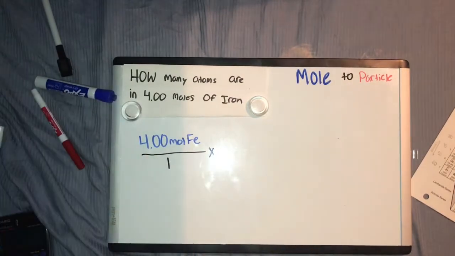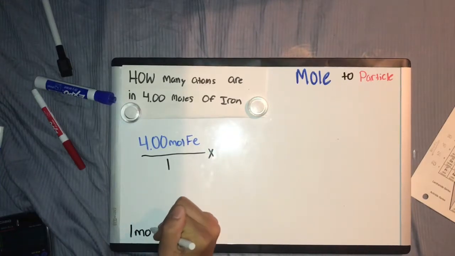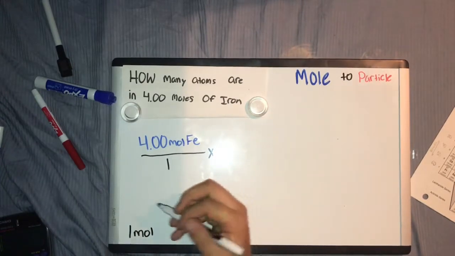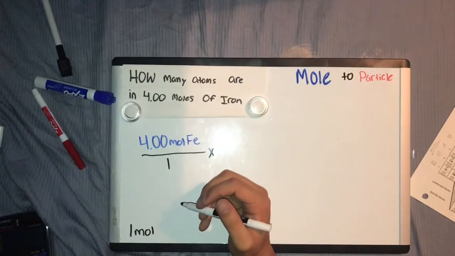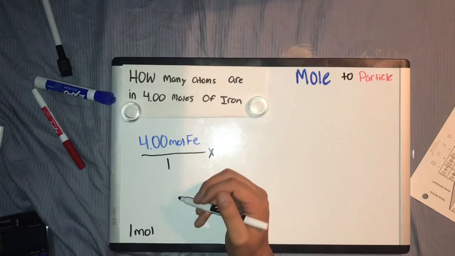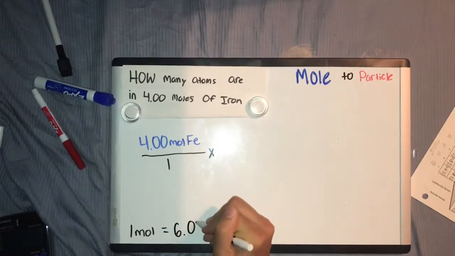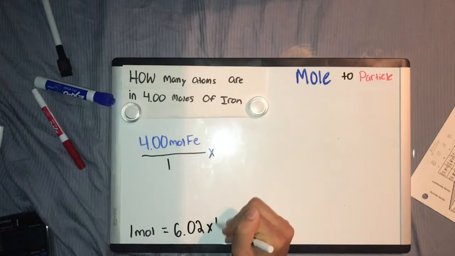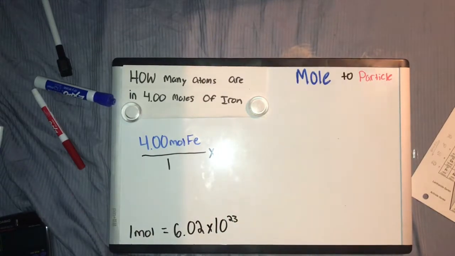Let's choose black. So 1 mole of anything, not just iron, any element, 1 mole of that element is equal to 6.02 times 10 to the 23rd. This is also known as Avogadro's number.